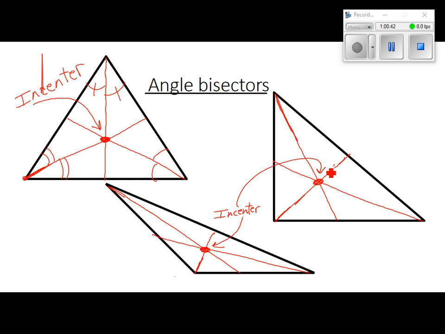Got lazy there. Used incenter on 2 of them instead of 1. Again, mine didn't look like it, but these 2 angles should be congruent. These 2 angles should be congruent. These 2 angles should be congruent, so on, so on, so on.